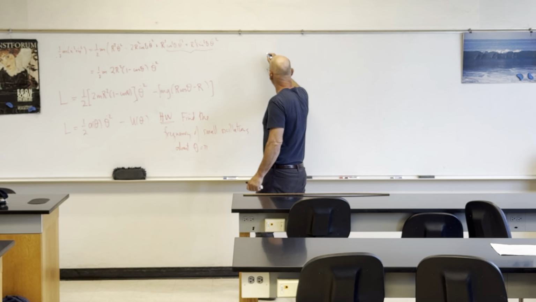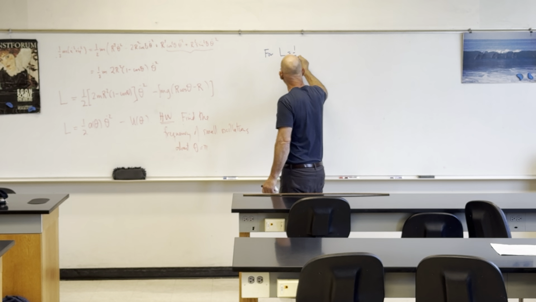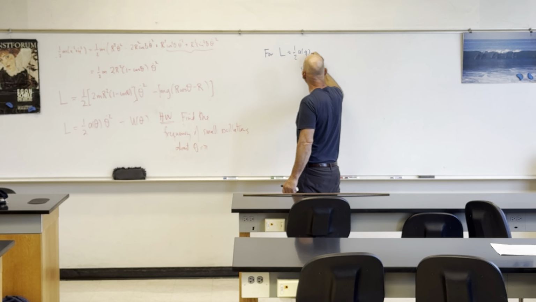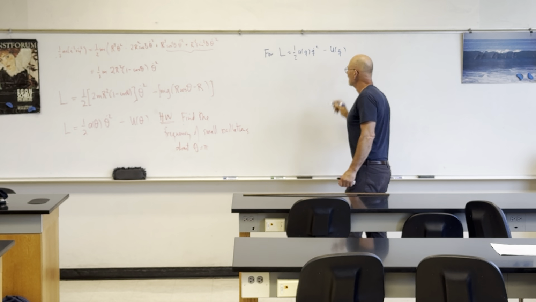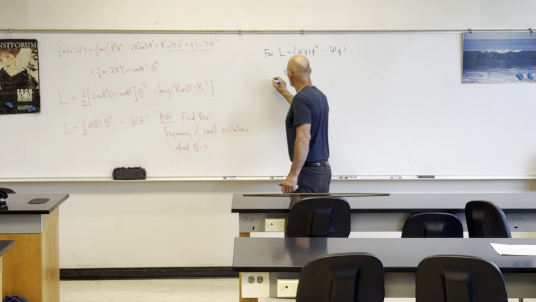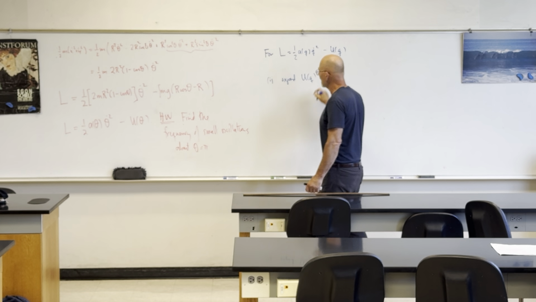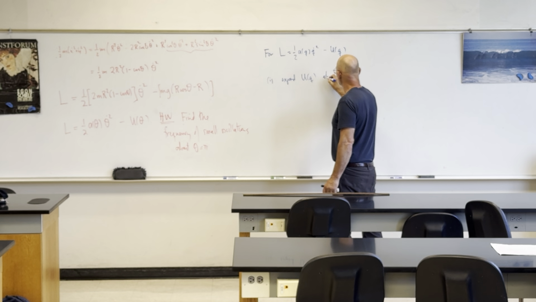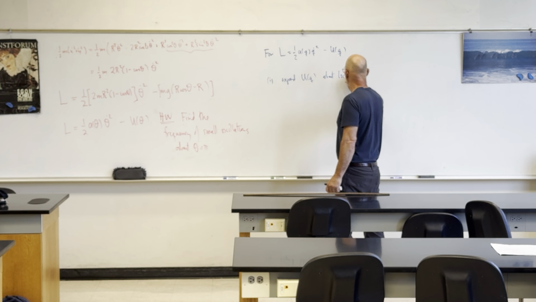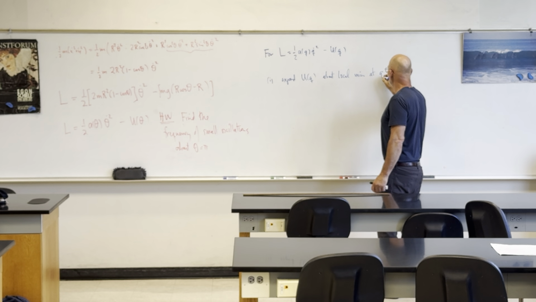So for L equals a half A of Q, Q dot squared minus U of Q, what we do first is expand U of Q about its local minimum, local minimum at Q0.